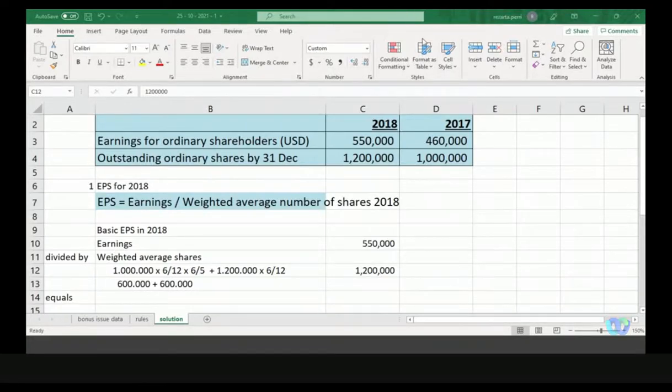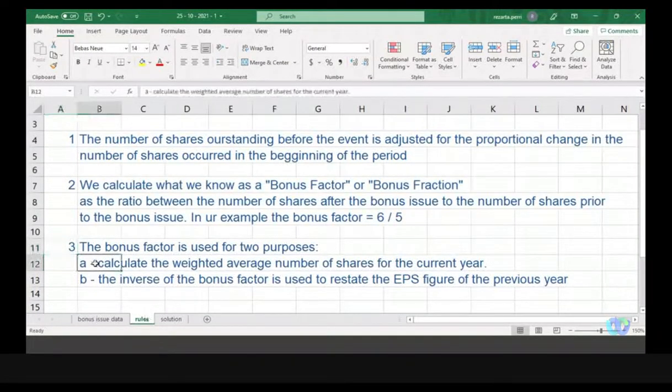So again, remember the rules over here: you have to apply the bonus factor to calculate properly and correctly the number of weighted average shares for the current year. Again, why? Because IAS 33 requires us to consider the bonus issue as not actually happening on 1st of July or on 1st of September.